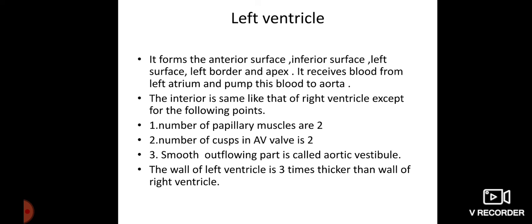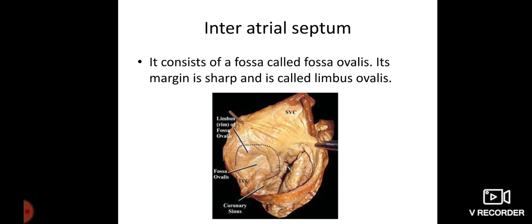So that much force is needed to pump the blood from the left ventricle to the aorta, because this blood has to reach different parts of the body. So for that strength, it needs a thick musculature. So while comparing the musculature of the right ventricle with the left ventricle, we know the left ventricle has a thick coat of muscle which is 3 times thicker than the right one.